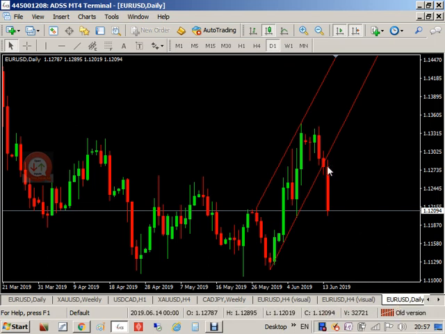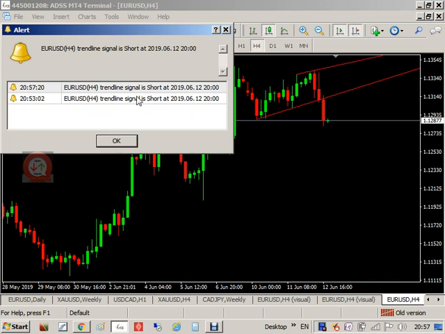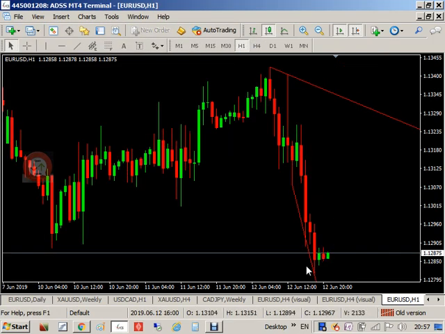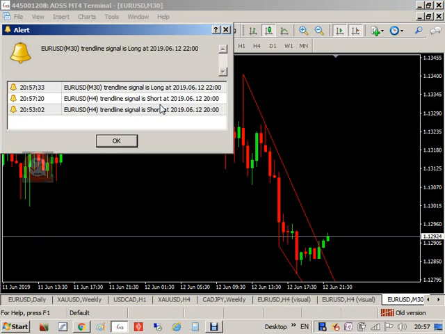14 of June 2019. So let's go to 4 hours. It gives a confirmed signal, as you see here. If we go 1 hour, there is no signal. If we go 30 minutes, here you see euro US dollar 30 minutes, trend line signal is long.